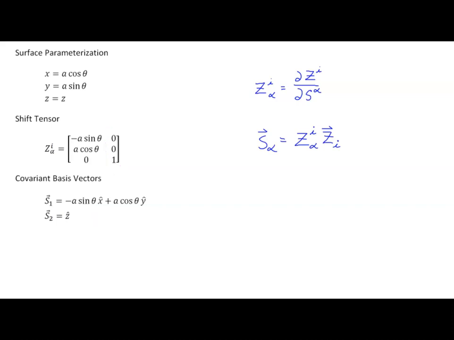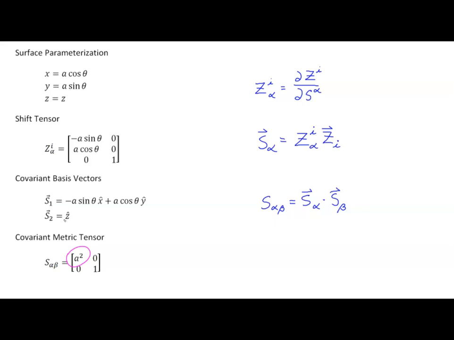All right, next thing we want to do is to find the surface covariant metric tensor, and that's this equation. It's simply the combination of all the possible dot products between these two values right here to form a matrix. And of course, that's easy enough. S1 dotted with itself is going to be a squared sine squared plus a squared cosine squared, which resolves to simply a squared.